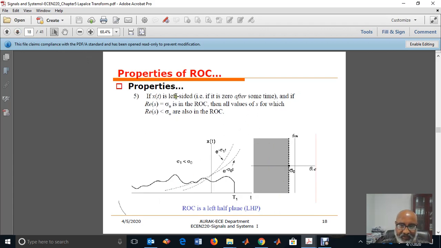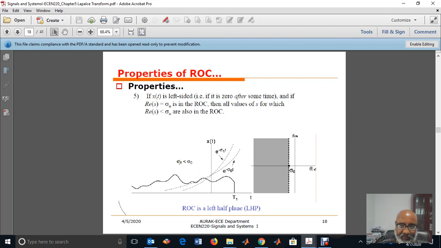Left-sided signal. A left-sided signal means a signal which starts from some time t1 and goes to the left. For this case also, if sigma naught is in the region of convergence, if real of s equal to sigma naught is in the region of convergence, then any value of sigma which is less than sigma naught will also be in the region of convergence.